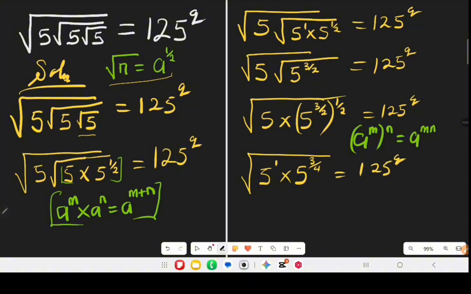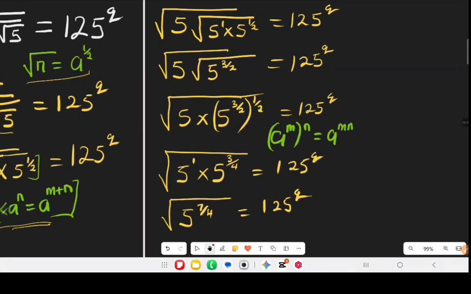Now we apply the product rule of indices, which we have applied before. They have a common base, so we add the powers, which changes to root of 5 raised to the power of 1 plus 3 over 4, which gives us 7 over 4, equals 125 raised to the power of q.